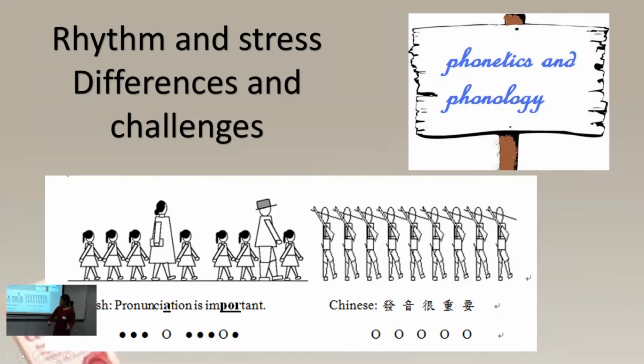So pronunciation is important. But in Chinese, 发音很重要. It's equally stressed and equal length. So that is why we have difficulty recognizing stress in words. Like many Chinese students, when they say confident, they will misplace the stress because they don't know where the stress is sometimes.